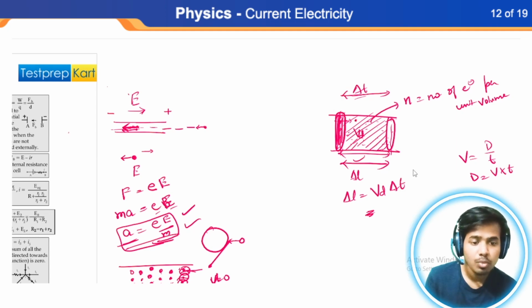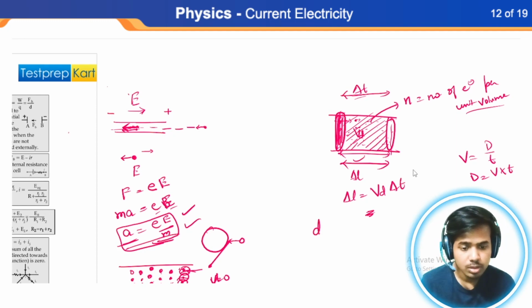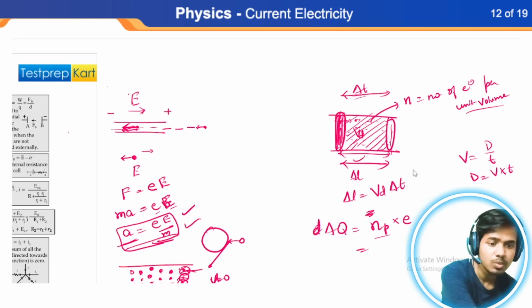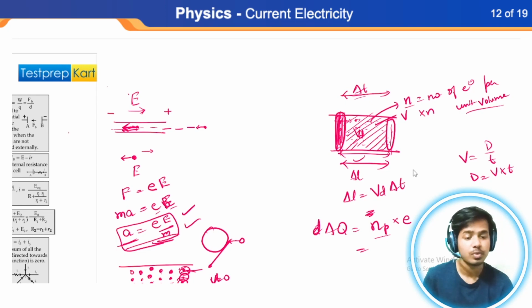That will be the number of electrons that have passed through this volume multiplied by the charge on each electron. So delta Q is equal to the number of electrons passed multiplied by the charge on a single electron, and the number of electrons passed should be equal to the total volume multiplied by n. Why? Because n is equal to the number of electrons per unit volume.